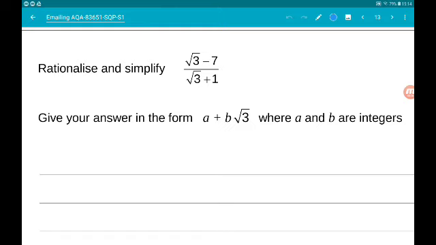So, given that we have a two-term expression on the bottom, we need to use the difference of two squares. Given that we've got root 3 add 1 on the bottom, we multiply the top and the bottom by root 3 minus 1.